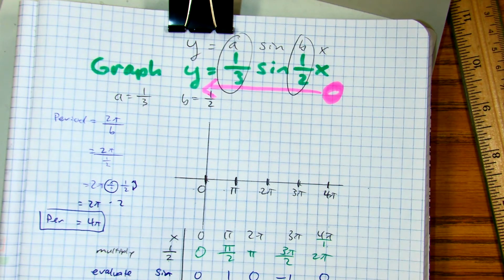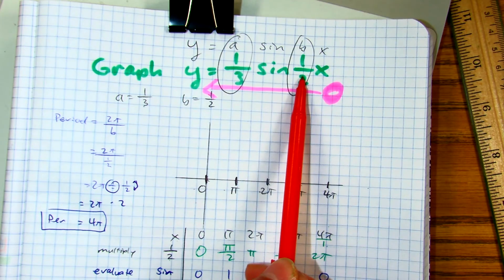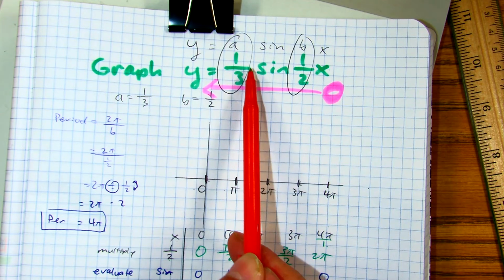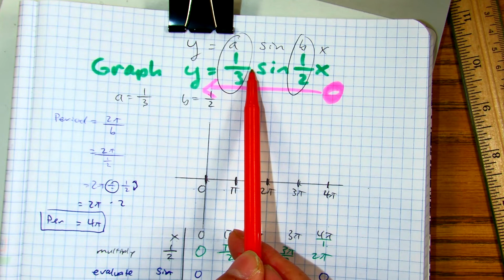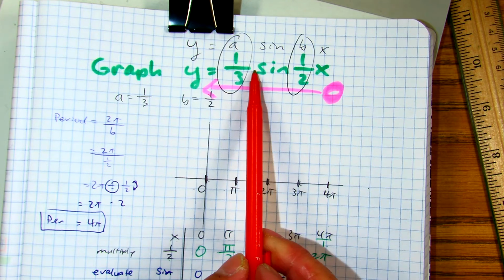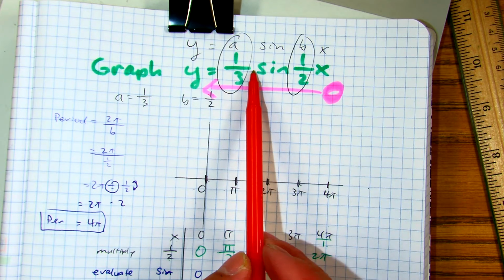And then the last thing we're doing, Jenny, before you graph it: we did x, 1/2, we evaluated. Yeah, what math operation is that? That's division.